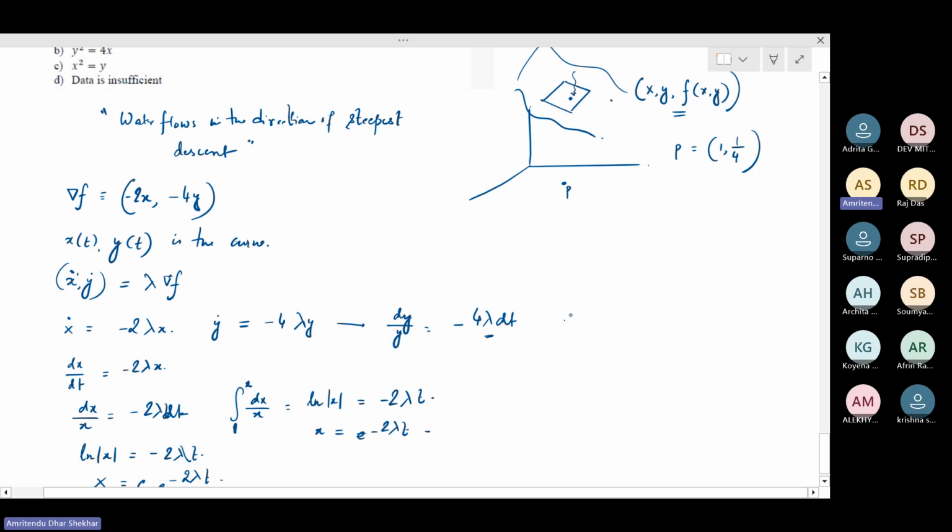So that will give us the integral from 1 by 4 to y of dy upon y is equal to the integral from 0 to t of minus 4 lambda dt.